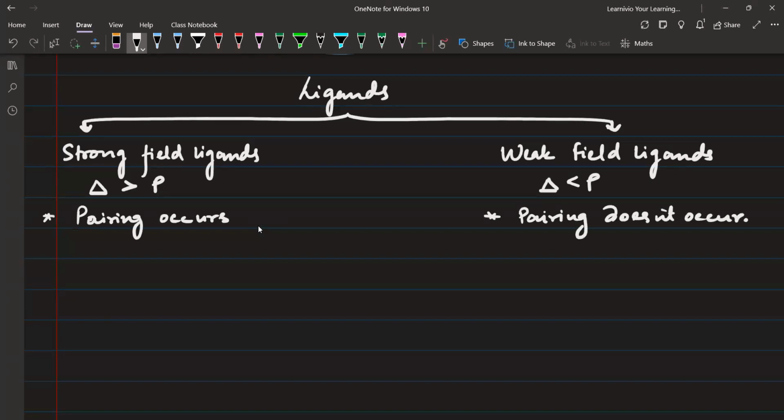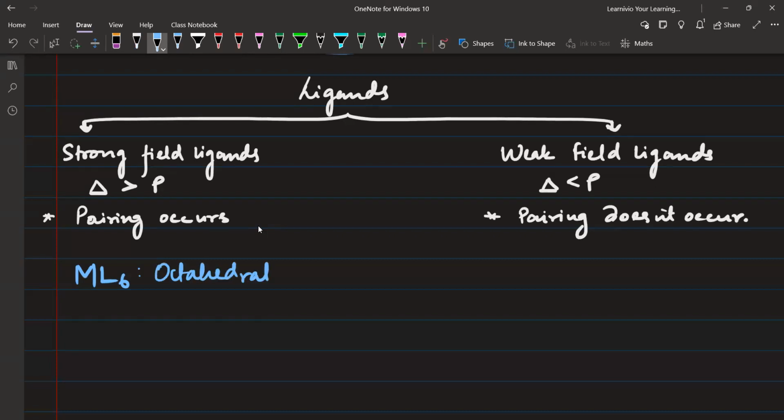Okay. Now we are going to look at especially when you are going to have six ligands, because देखिए स्ट्रॉन्ग फील्ड लिगेंड और वीक फील्ड लिगेंड हम लोगों ने कह दिया, लेकिन स्ट्रॉन्ग फील्ड लिगेंड ना ये डिपेंड करेगा कि सेंटर मेटल एटम कौन है, व्हाट इज द ऑक्सीडेशन स्टेट, और सारी चीजों पे डिपेंड करता है, राइट? तो लिखिएगा Ml6, metal with six ligands, that is the octahedral case.